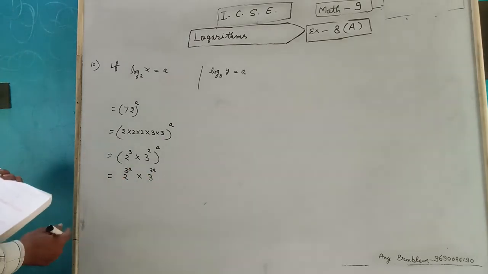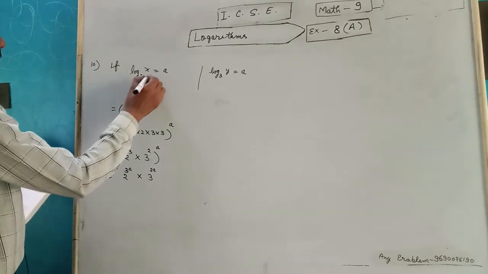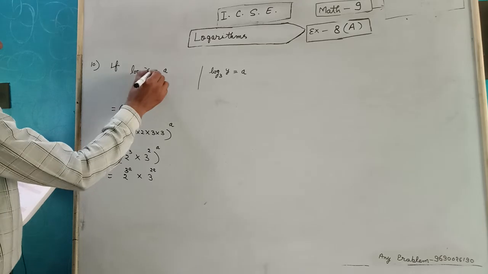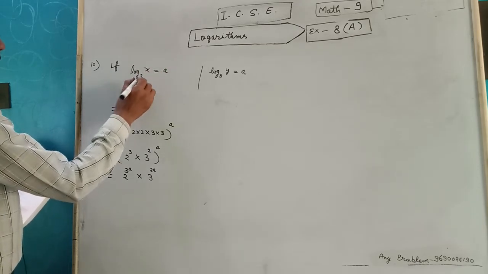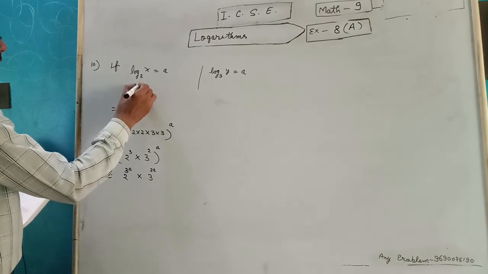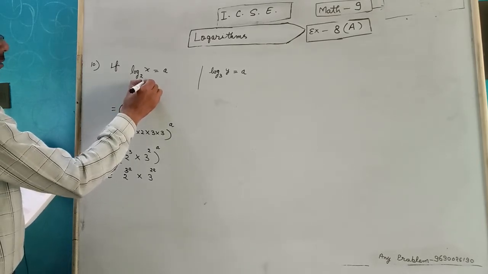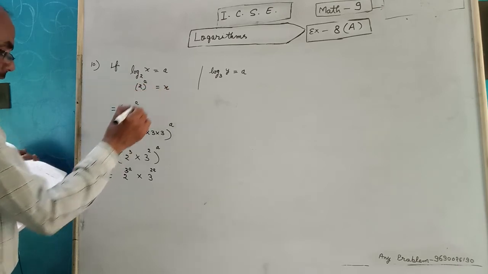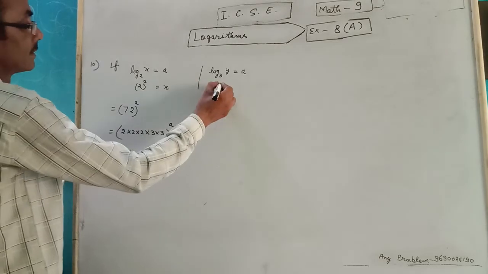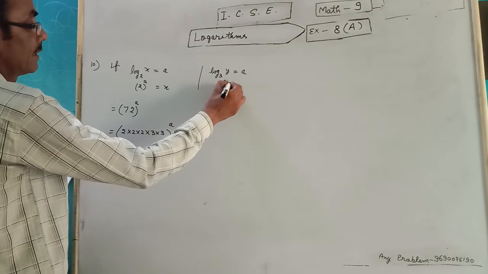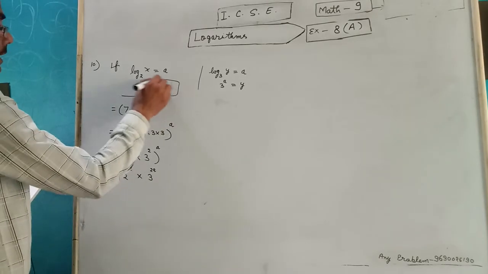Putting the values of x and y. Given, write the exponential form: 2 as power a is equal to x and 3 as power a is equal to y.